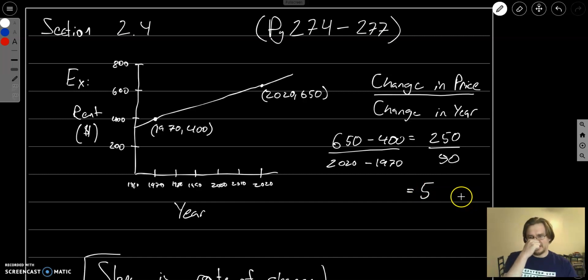Now, we can't say the change was 5. I have to tell you, well, 5 what? In this case, this was $5 per year. So the rent increased from 1970 to 2020 $5 per year in this fictional place.